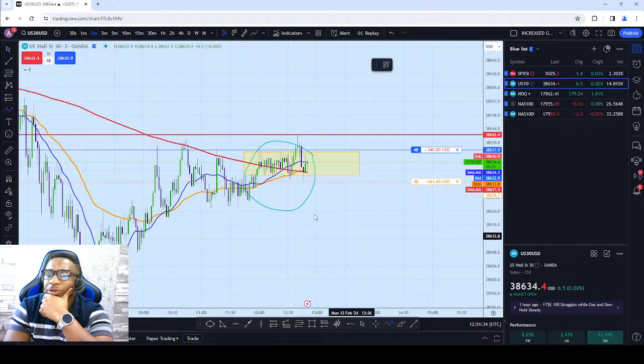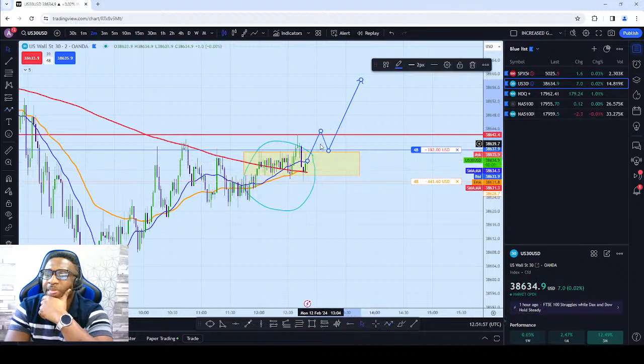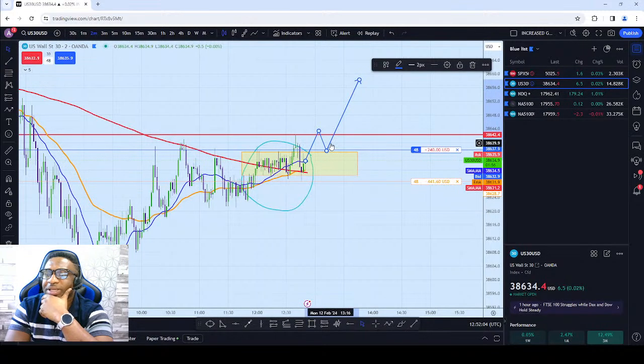Once it gets out of the box, pulls back to this area which it was testing, and then off it goes, that is one scenario. When it pulls back and gives us an event at this area, that's where we get into it to ride it up.